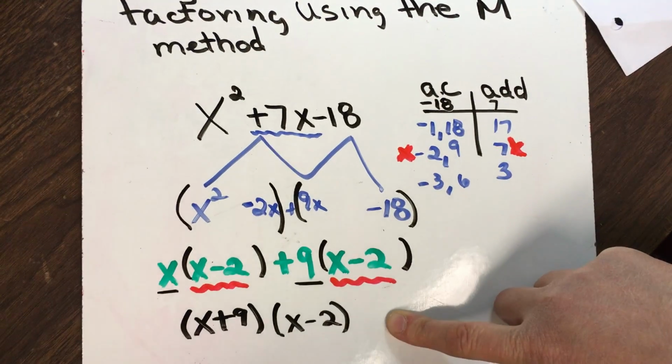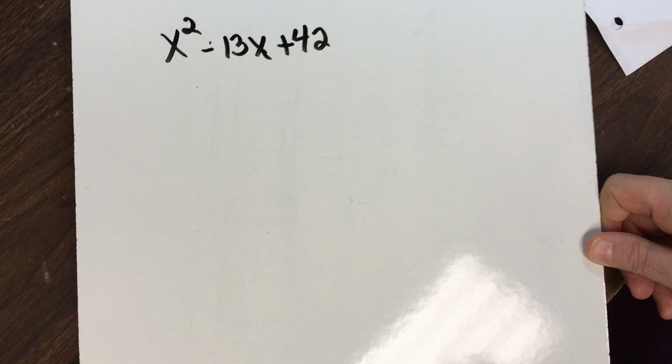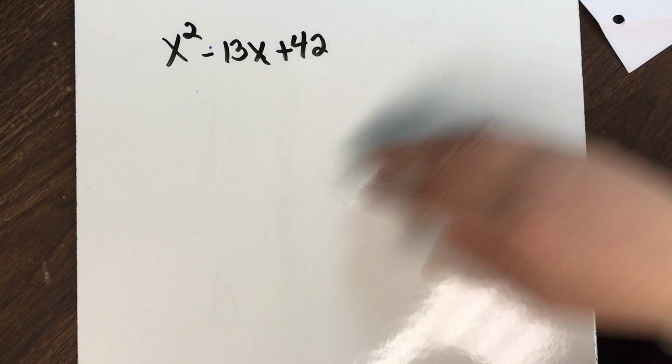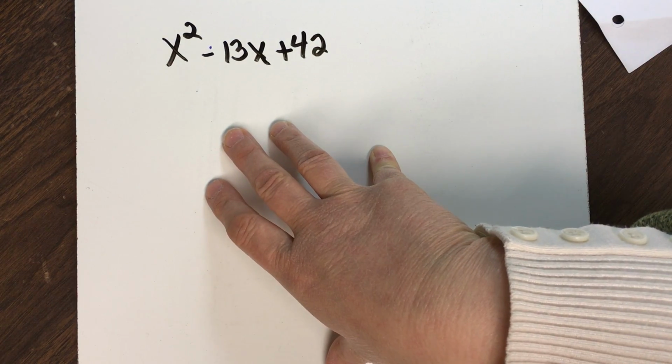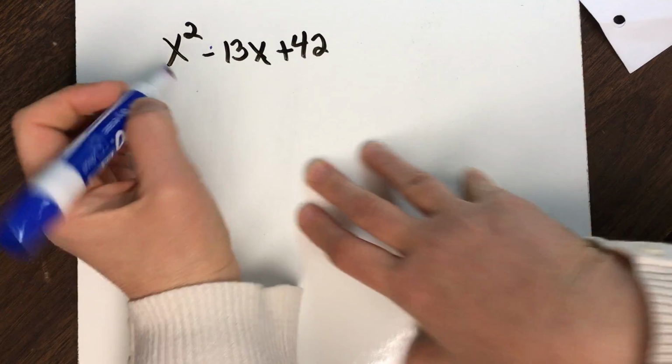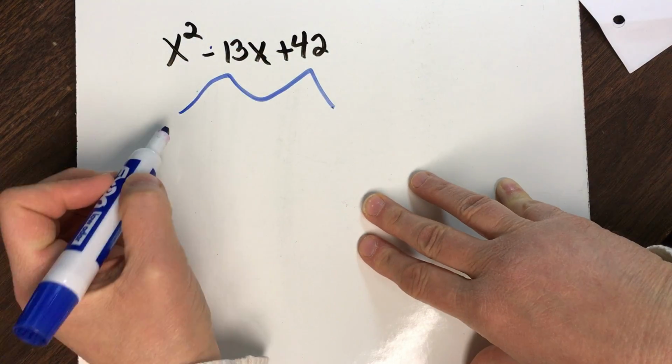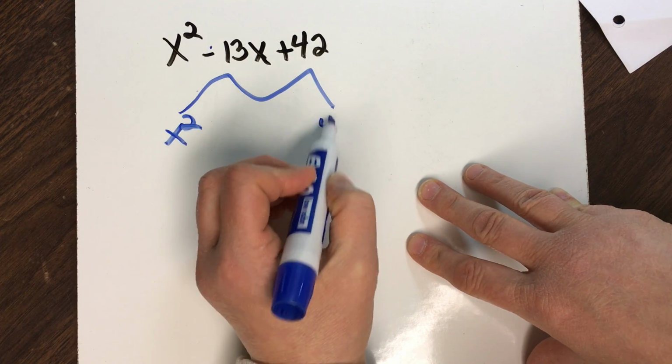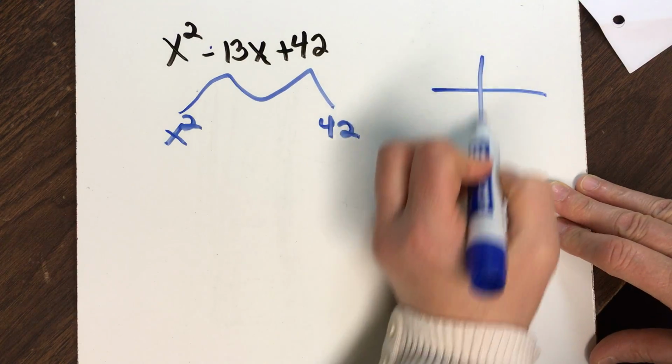Let's try it again with a different one. Okay, so I'm starting with my M method. So let's start with my M. Bring down my x squared, bring down my 42, set myself up over here.